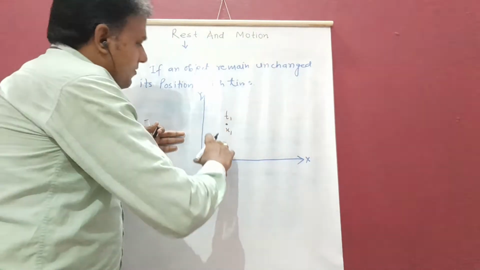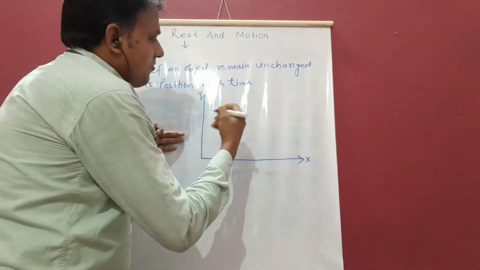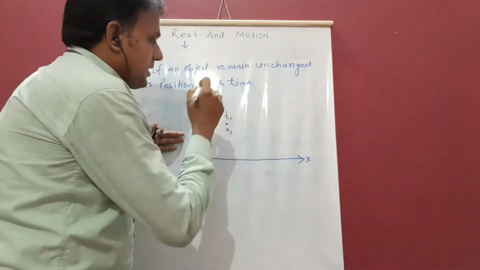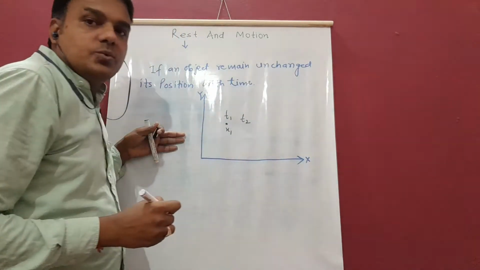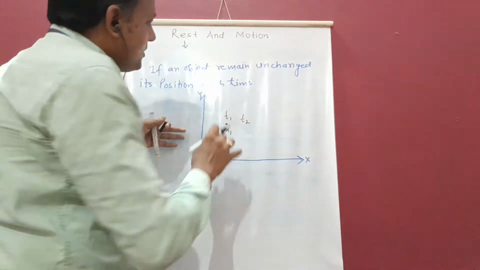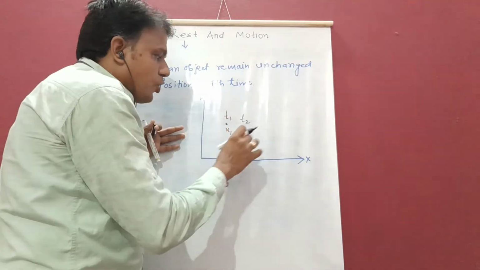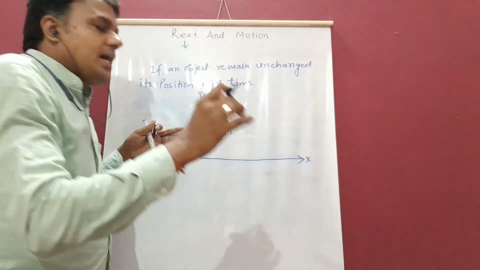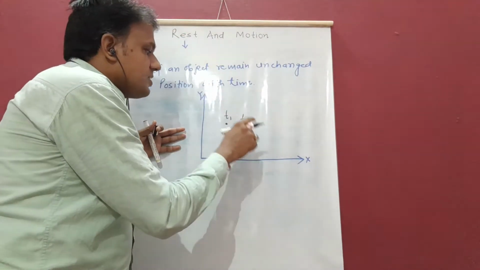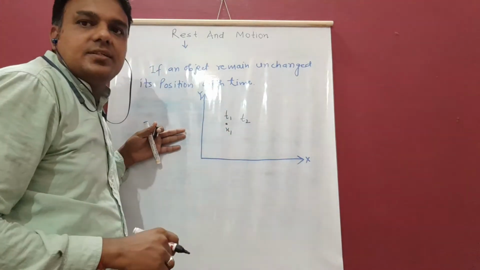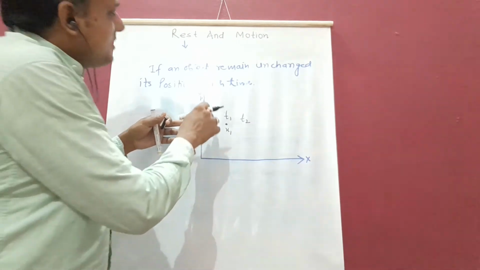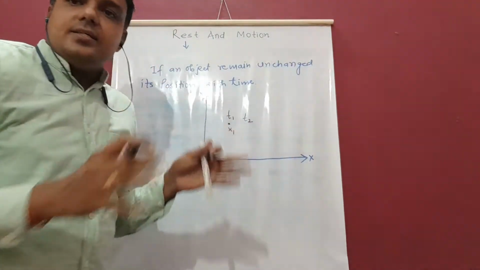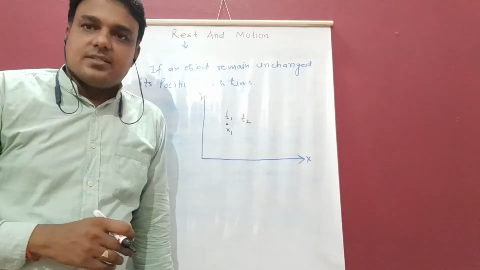Then after some time, if the time changes from t1 to t2, but the position of the object at t2 is still x1, then we can say that this object is in rest condition.